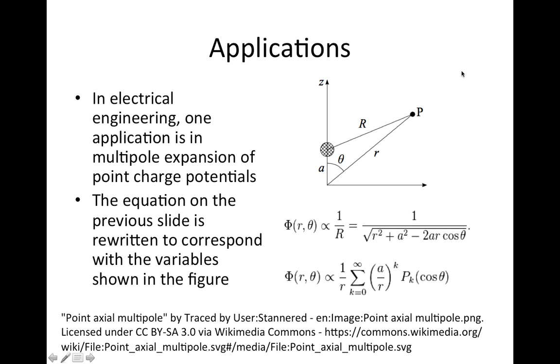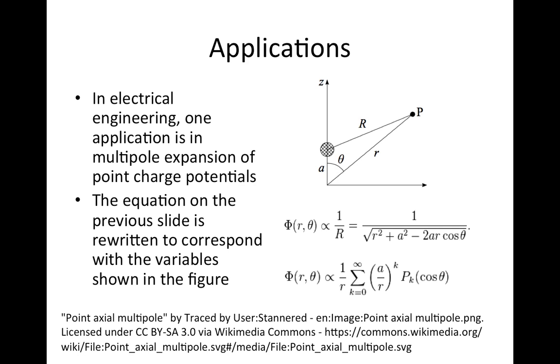If you get closer to the charge, this looks less and less like it's at the origin. In fact, there is a point where this model breaks down. Notice this approximate sign. The approximate sign means that r has to be significantly greater than a.